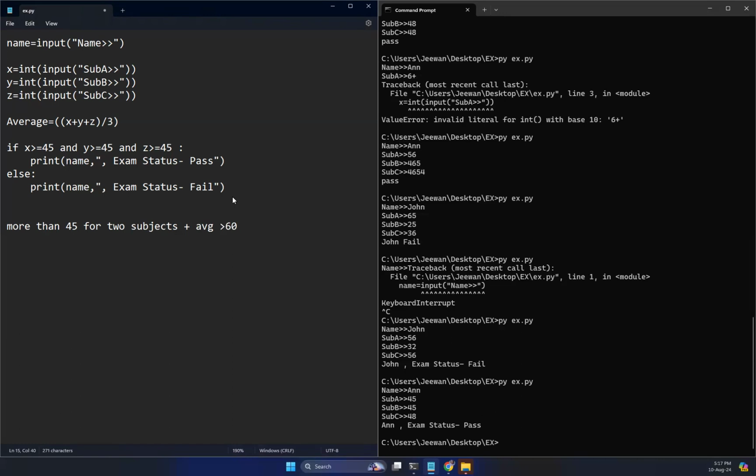If the average is above 60 and if more than two subjects are above 45, that student has passed the exam, otherwise fail. You try it out quickly.